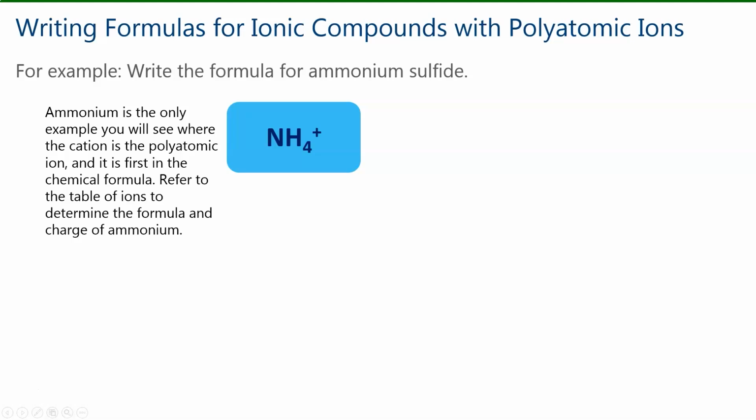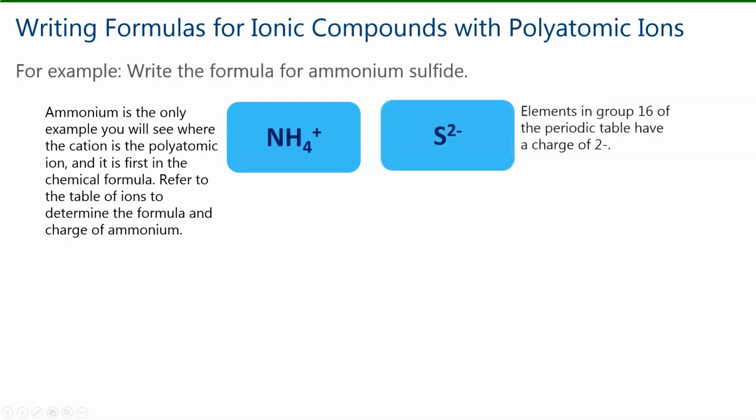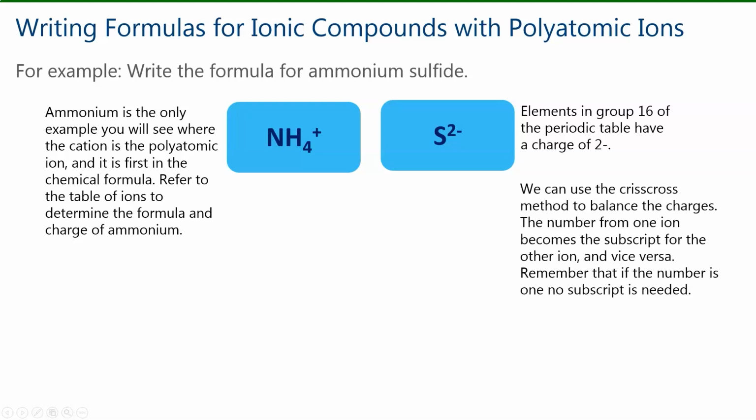Sulfide then is our anion, and it has the chemical symbol S, and elements of group 16, like sulfur, have a charge of -2. Next, we can use the crisscross method to balance the charges. The number from one ion becomes the subscript for the other ion, and vice versa. Remember that if the number is 1, no subscript is needed.